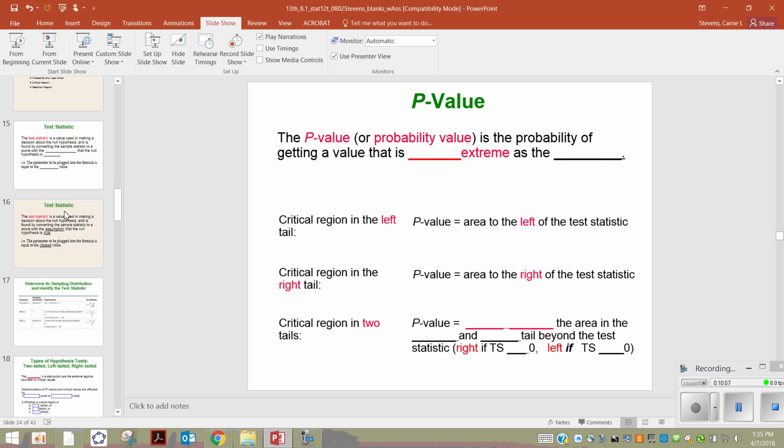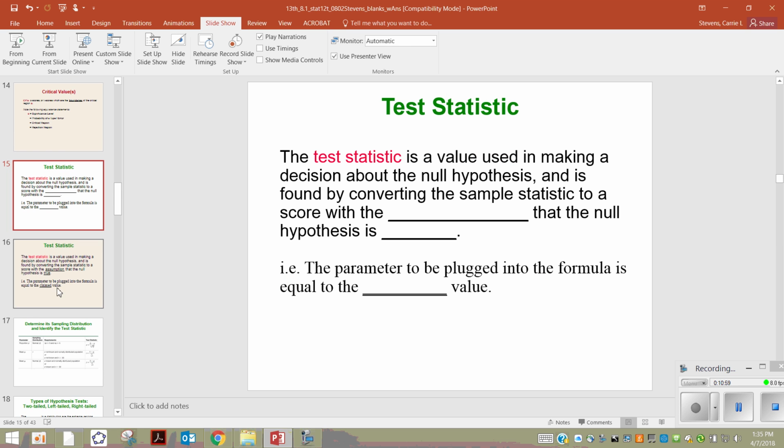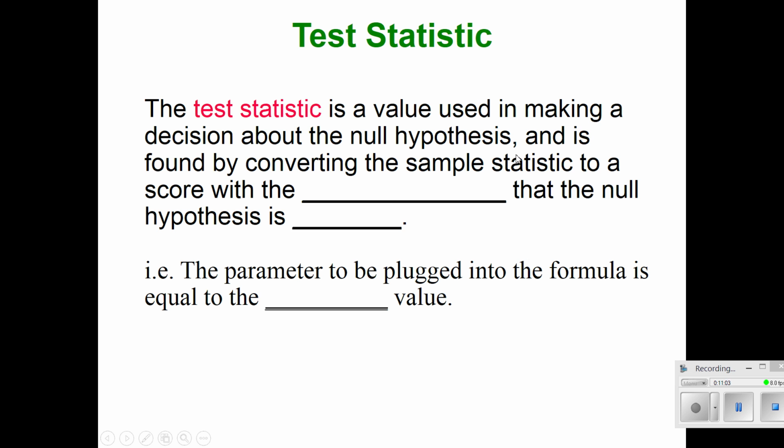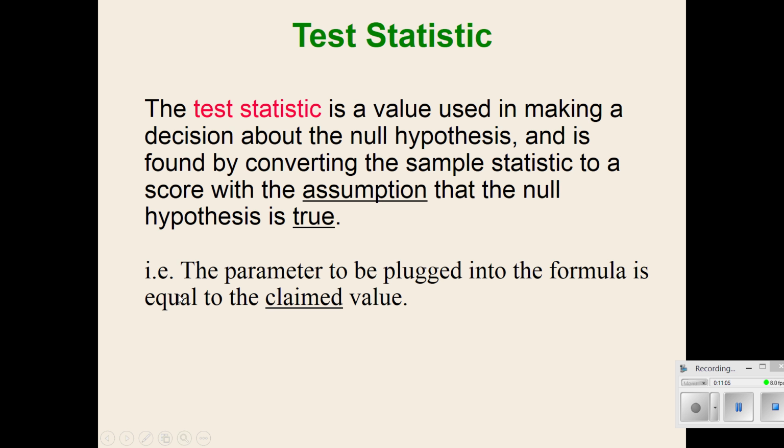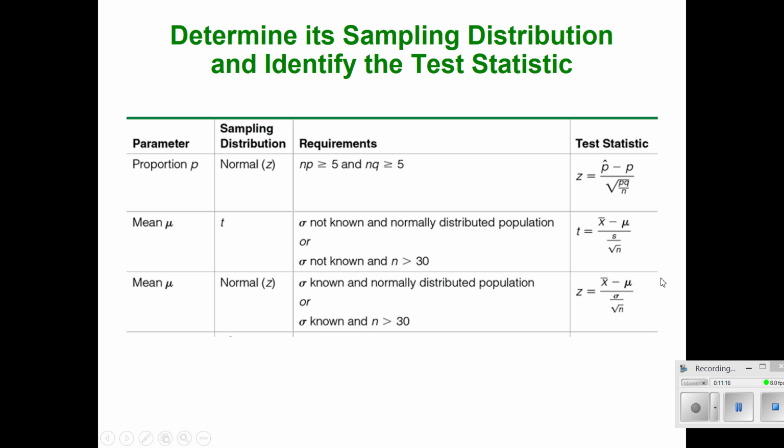Okay, so back up to where we were, talking about a test statistic. What we said is that we're assuming that the null hypothesis is true, which just means that when we use our test statistic formula, we will plug the claimed value in the null hypothesis into the formula in place of the population parameter. So here are the test statistic formulas that are summarized in our reference packet.